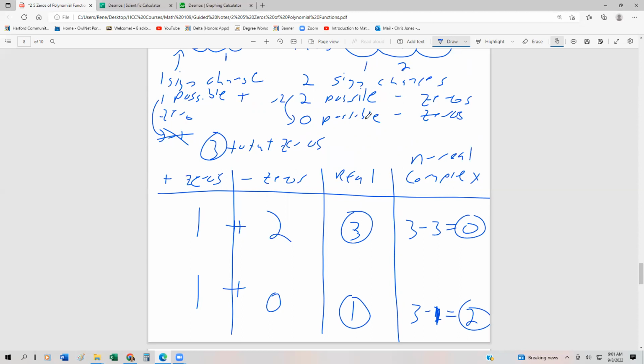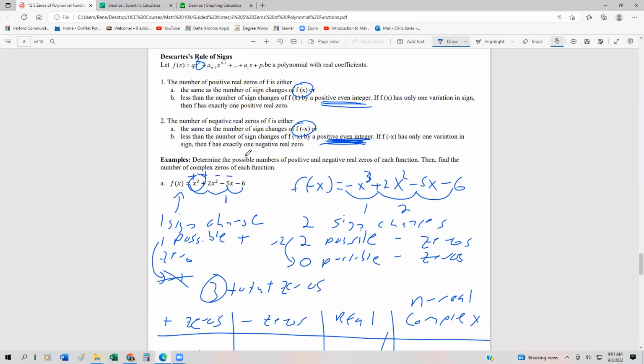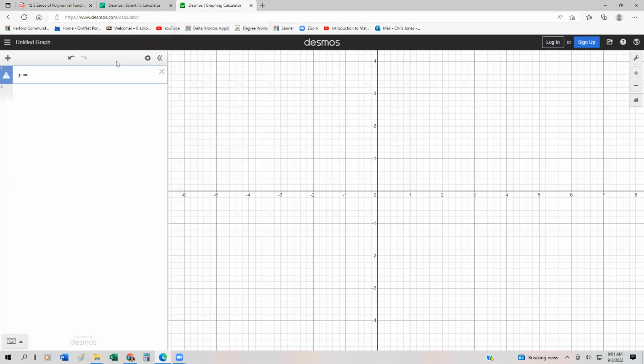Now, of course, let's just graph the function and see whether we have 3 real zeros or 1 real zero. So we go back up here, and the function was x cubed plus 2x squared minus 5x minus 6.